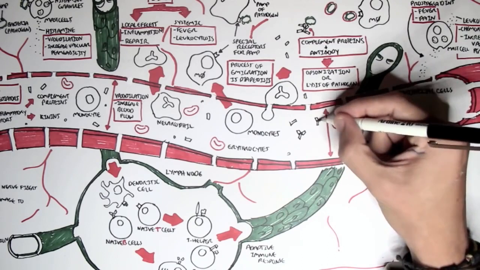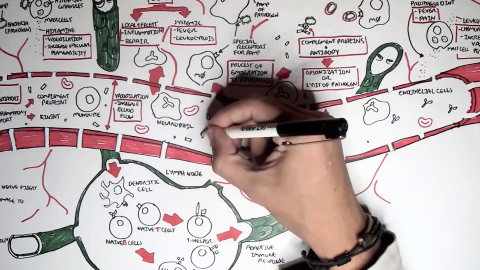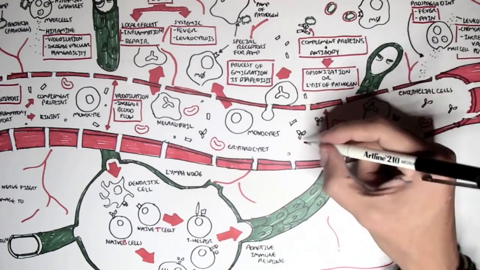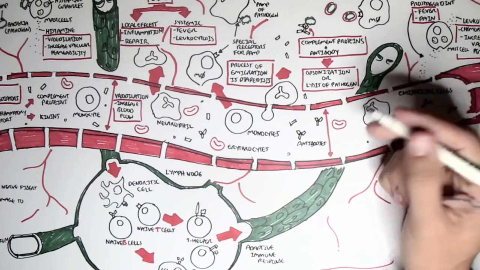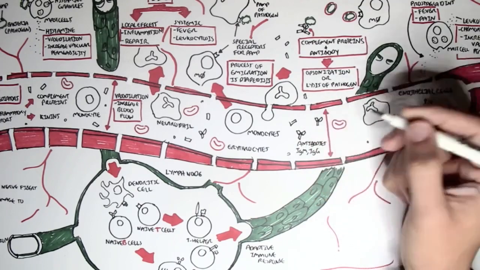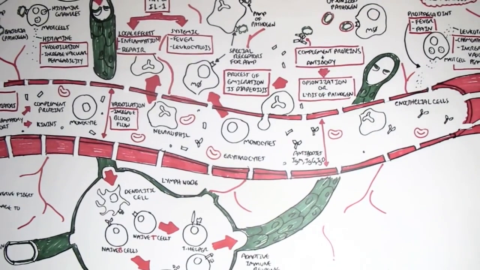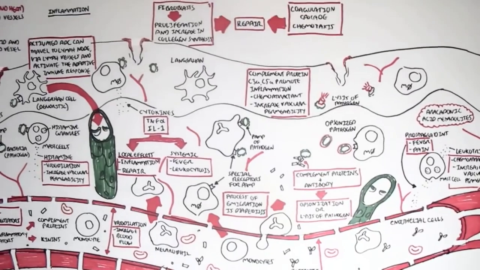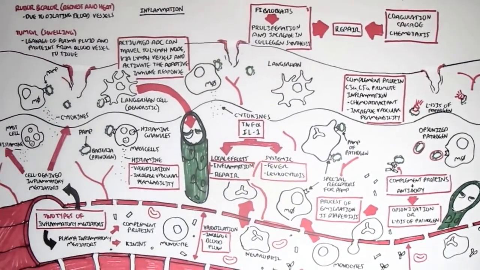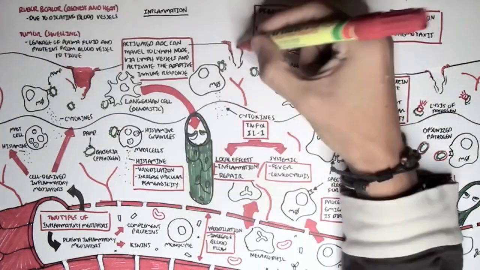So for example, we won't really talk about them, but the plasma cells will secrete antibodies such as IgM, IgG, and IgD. And these antibodies will stimulate the inflammatory response and try to remove the pathogens and bring the body back to normal state. If you want to learn more about the adaptive immune response and the innate immune response specifically, I've got a video on that, and I'll provide the link at the end of this video.